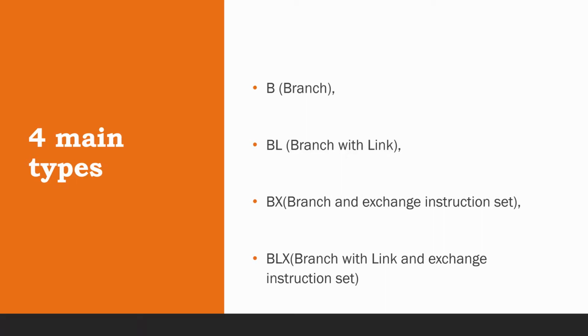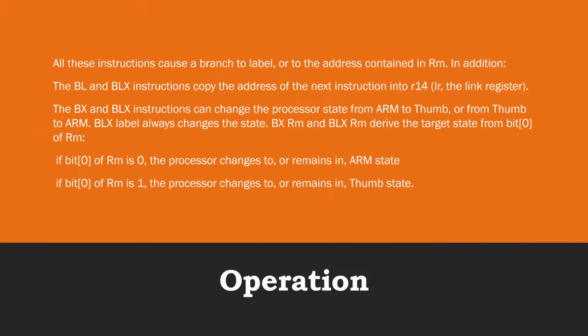It has four main types of this instruction set. First is branch, second is branch with link, the third is branch and exchange instruction set. The last is branch with link and exchange instructions. The operation of this instruction set is that these instructions cause a branch to a label or to the address contained in Rm.